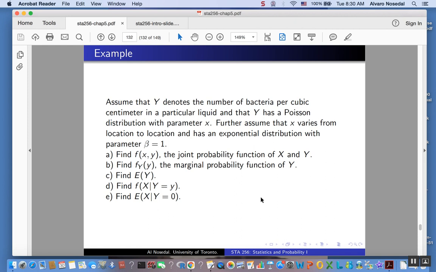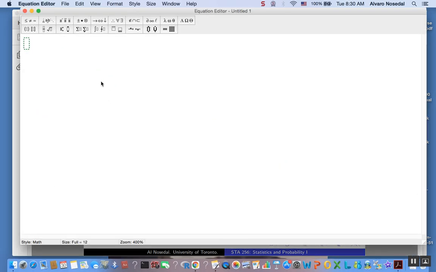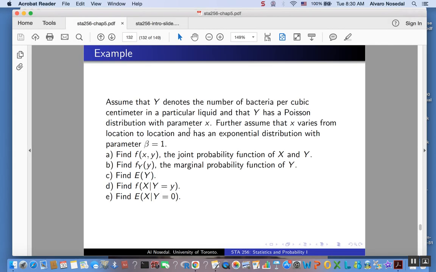So first, let's write down the definition of each of these random variables. So y represents the number of bacteria per cubic centimeter in liquid.